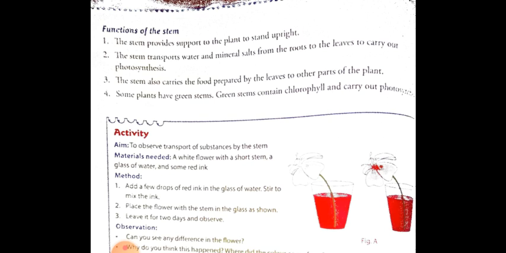Next, it carries the food prepared by the leaves to the other parts of the plant, and it carries nutrition from the roots to the leaves, which helps in photosynthesis.